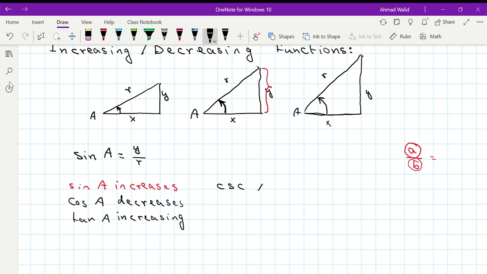Then cosecant of A is also increasing. Secant, which is the reciprocal of cosine, of course decreases.